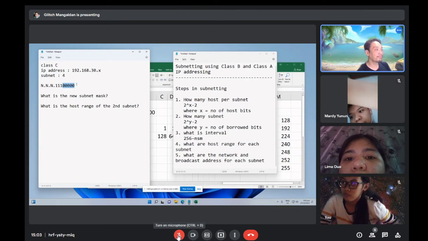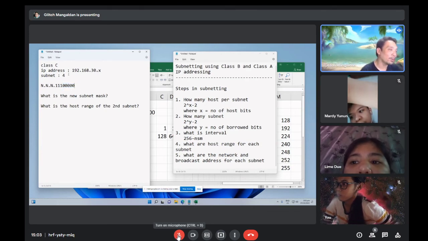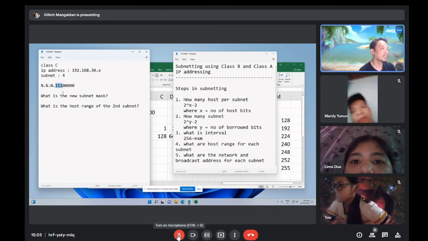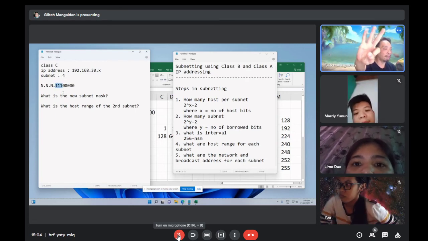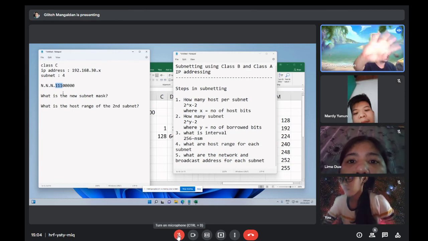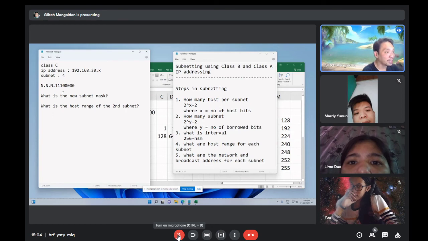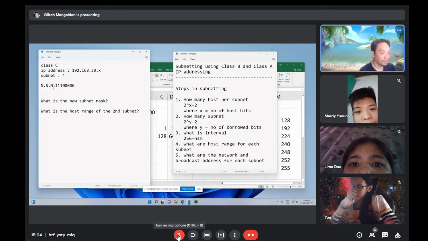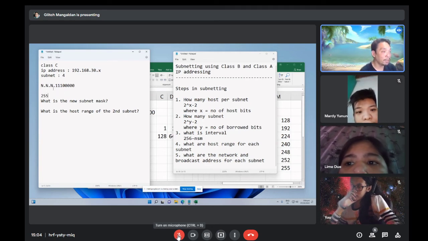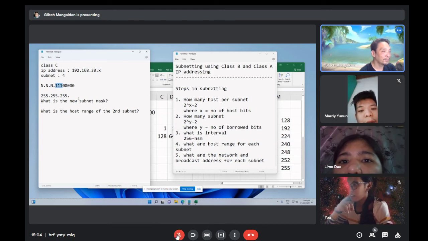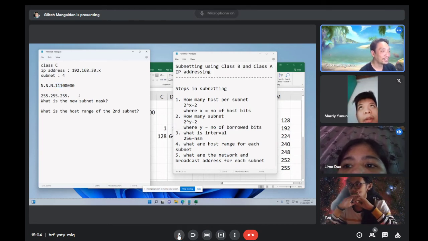Okay, ngayon. So, for subnet, you have 3 borrowed bits, kasi 2, 4, 8. 8 minus 2 is 6. Okay na yan. Ngayon, ano ang ating new subnet mask? New subnet mask is 255. Siyempre, yung tatlong N, tatlong 255 yan. And what is this 3? 224.